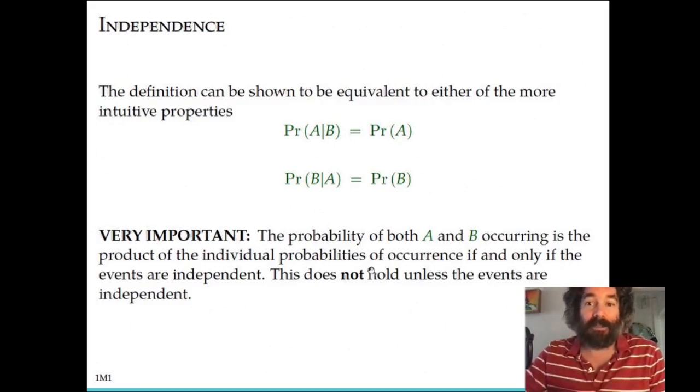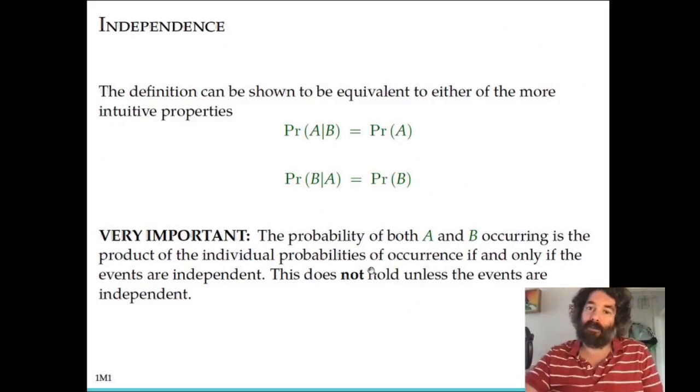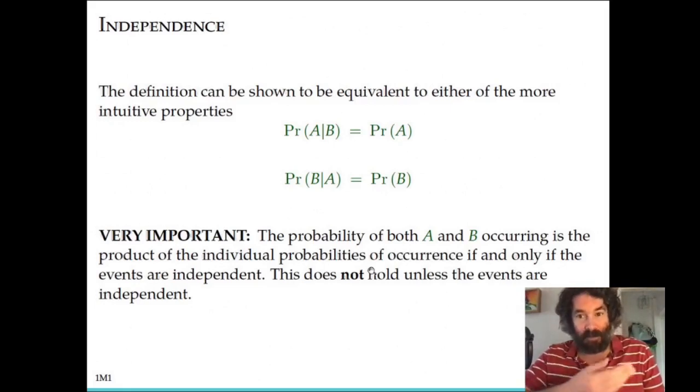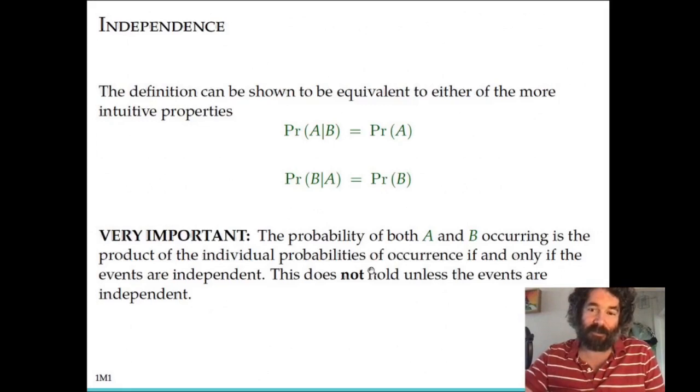For example, in the example we just did, the rolling of two dice, the outcome of the roll of the second die is independent from the outcome of the roll of the first die. So the event of rolling a 1 on the first die would be independent of the event of rolling a 1 on the second die, and so on.